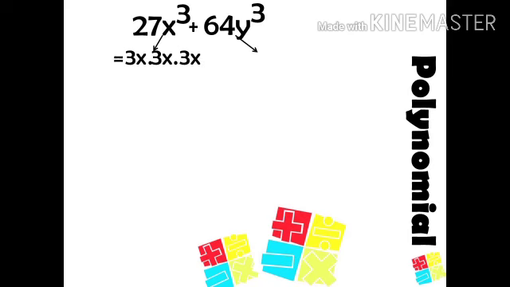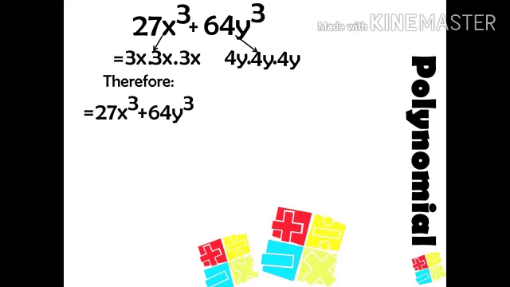Then 64y cubed is the answer for 4y times 4y times 4y. Therefore, 27x cubed plus 64y cubed is equal to (3x) cubed plus (4y) cubed.